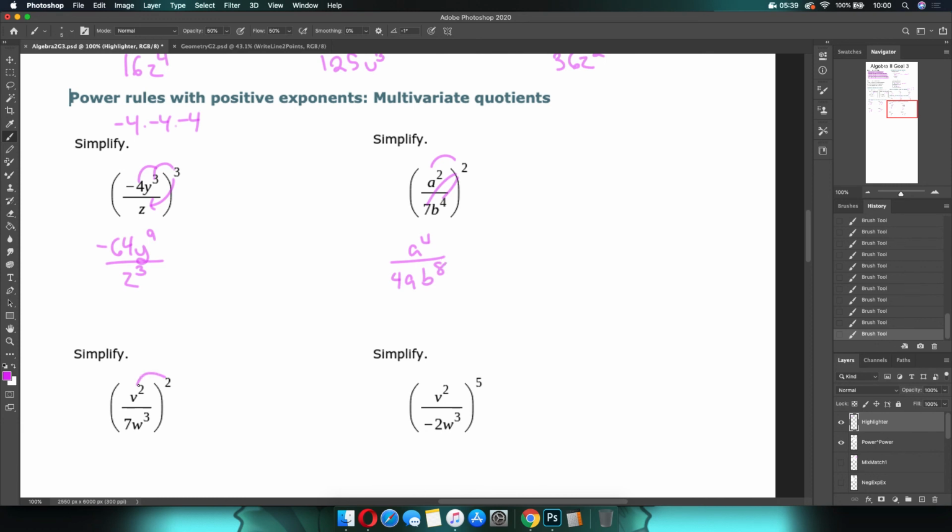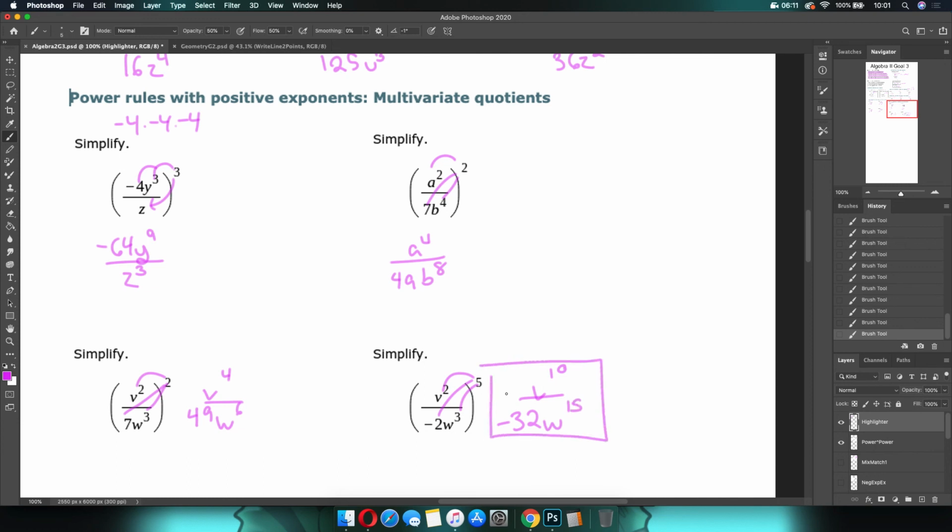Next up, v to the 2 times 2 is v to the 4th. 7 squared, not 2 to the 7th. 7 squared is 49, and then 2w to the 3 times 2, which is 6. Distribute this in. V to the 2 times 5 is 10. Negative 2 to the 5th power, we already did it earlier, is negative 32. And then w to the 5 times 3, which is w to the 15.